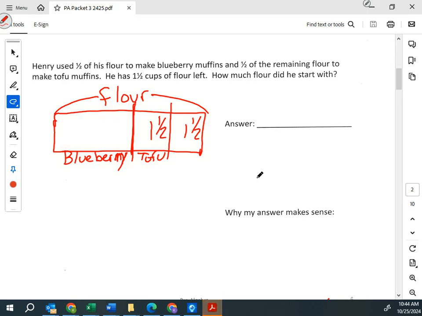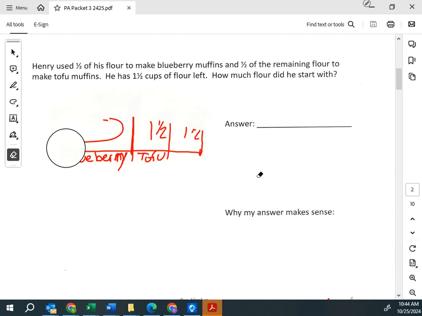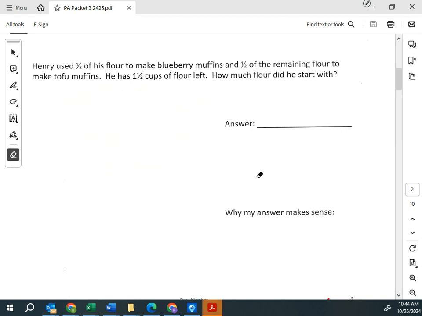So if I figure out how much 1.5 and 1.5 is, that's how much is going to be in this whole section. And I add those together. If you do it using the mathy math ways, you must write out the equations that you're using.